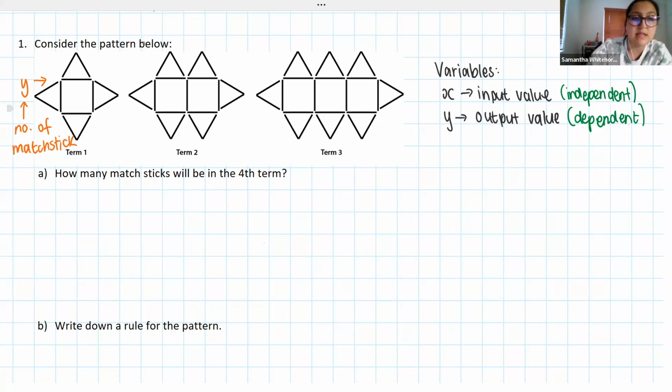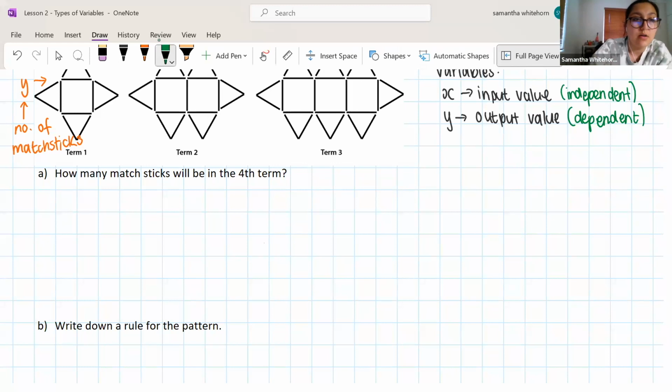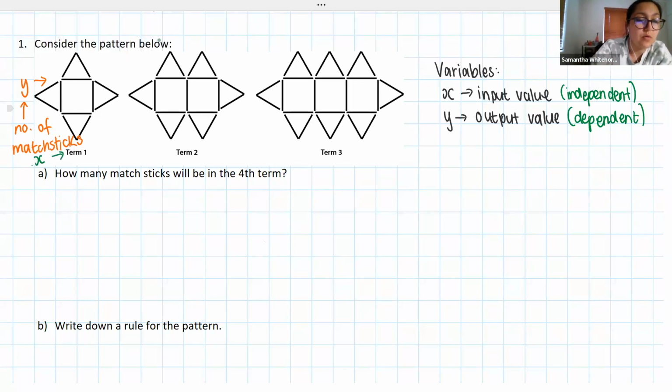It makes sense: I can only know how many matchsticks I have once I know what picture I'm trying to find. So our X variable, or input value, is which term we are looking at. Remember, terms are any picture or any number in our pattern.